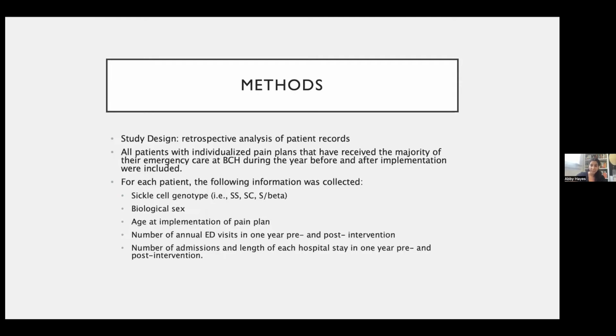And for each patient, the following information was collected: the sickle cell genotype, the biological sex, the age at implementation of pain plan, the number of annual ED visits in the year before and after the implementation of the pain plan, and the number of admissions and length of each hospital stay in the year before and after implementation. And all of this information was collected from the EPIC system and then put together into an Excel spreadsheet.